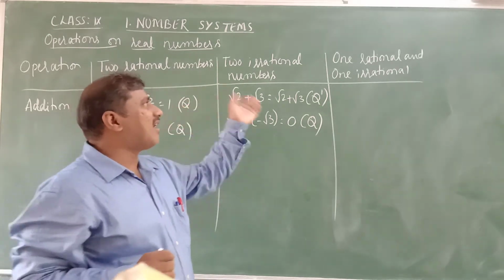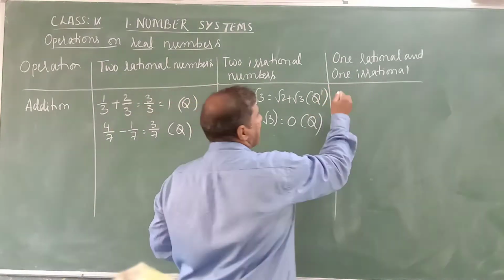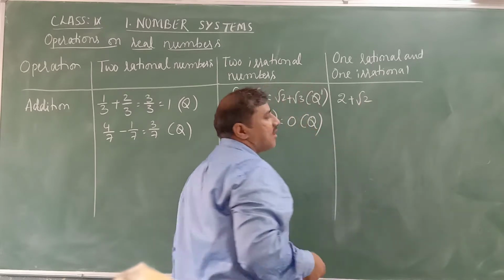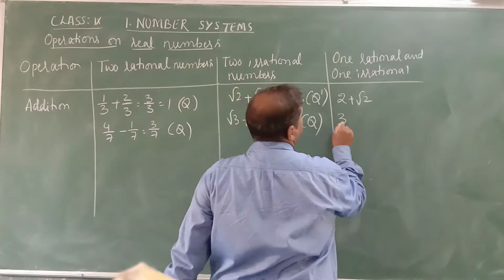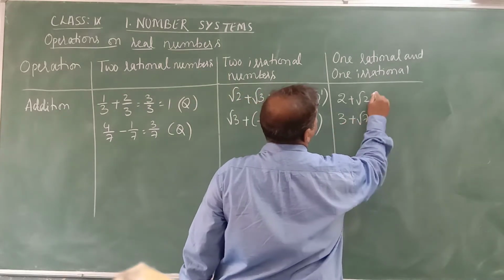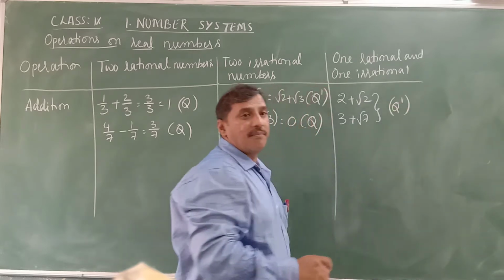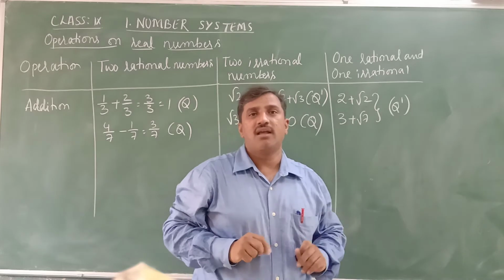So what about one rational and one irrational? Like this: 2 plus root 2, or 3 plus root 7. Their sums will be irrational numbers. Why are they irrational numbers? Because root 2 is a non-terminating, non-recurring decimal.